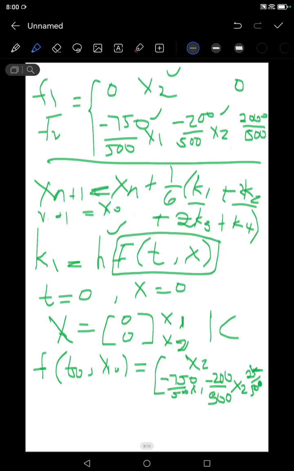And remember, our x0 is 0 and 0. So when you substitute here, k1 is going to be 0 and 0.2. k2 is going to be 2 multiplied by 0 and 0.1 and 3.96. And then you're going to get the values. So this is what I'm saying. Remember, we have this.